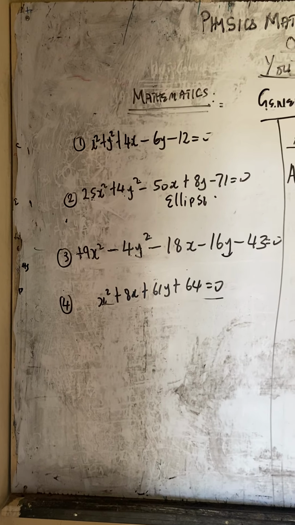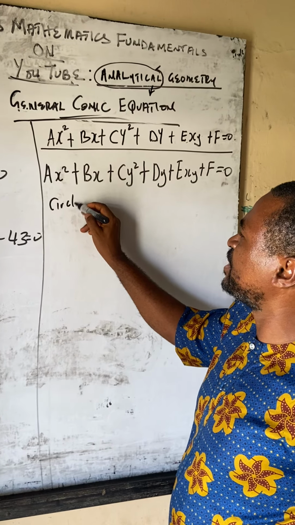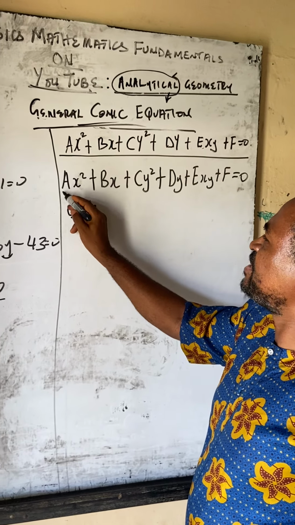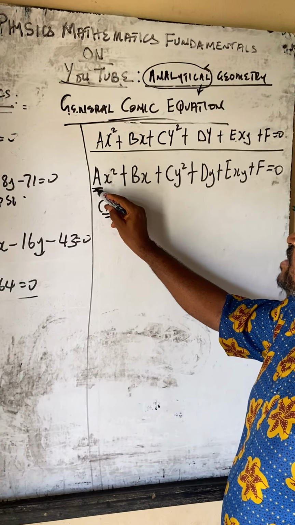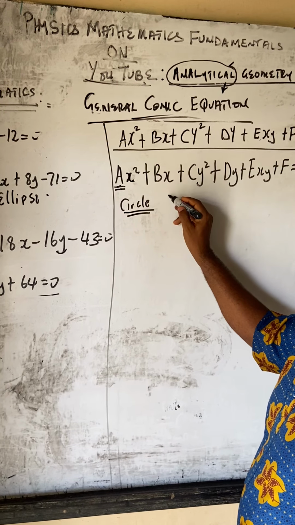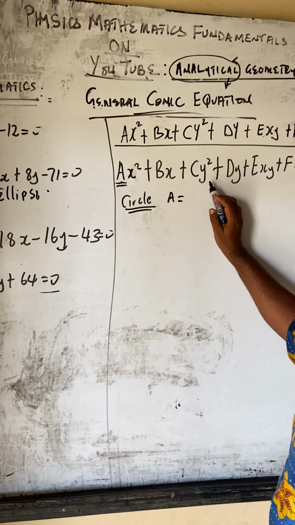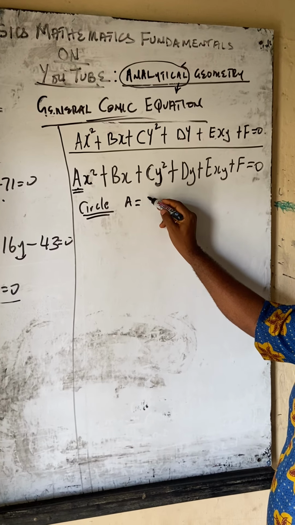But before we do that, let's first of all note something. If we are referring to a circle, then the coefficient A having the variable x raised to power 2 must be equal to the coefficient of variable y raised to power 2.